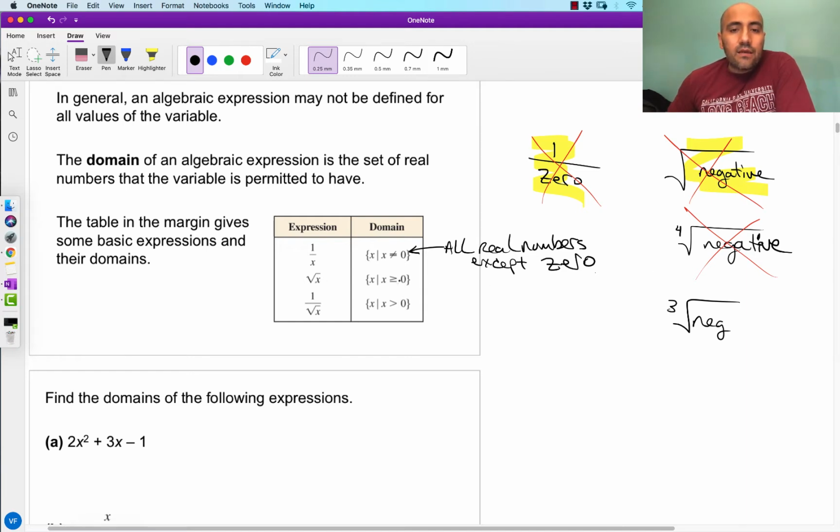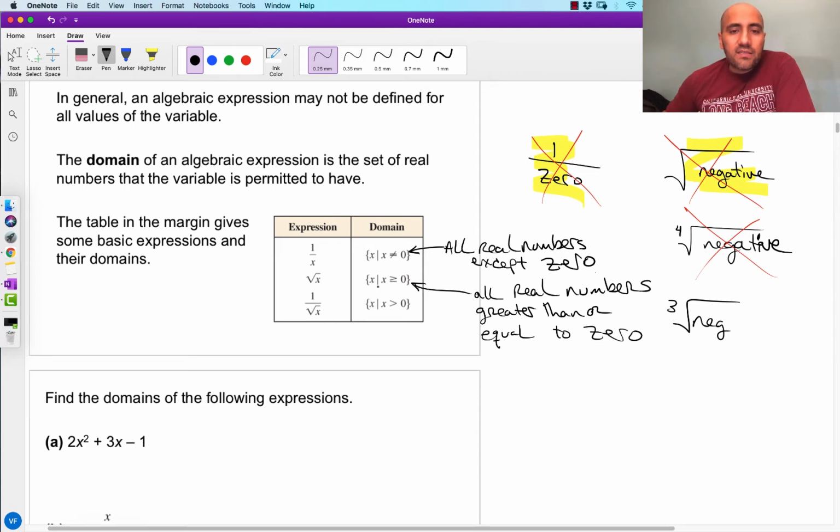So this is saying we are allowing x to be all real numbers that are greater than or equal to 0.